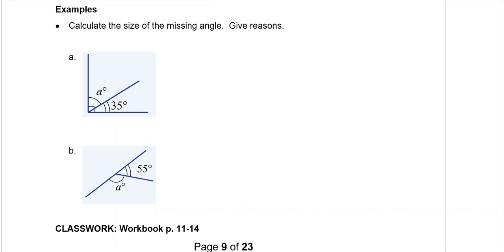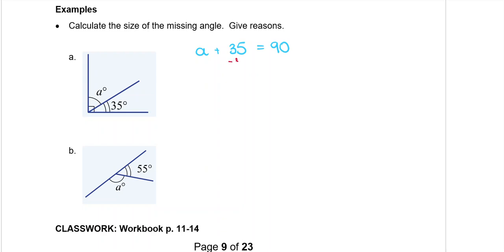We have two angles in this right angle here. So we're going to make this into a little equation that we're going to solve. The angle A plus the angle that is 35, those two angles together are making a right angle, so they must equal 90 degrees. Now I'm going to use the equation skills that we've just learnt about in our previous topic to solve this equation.